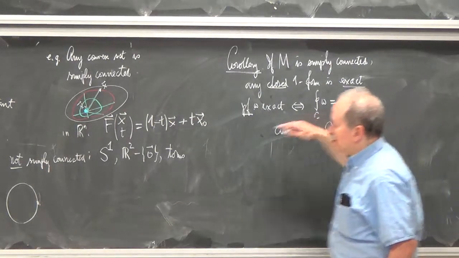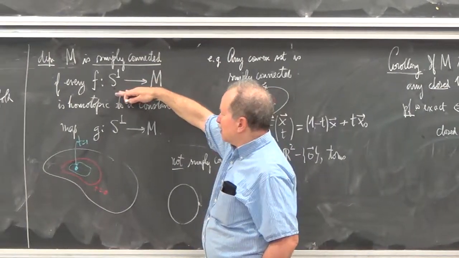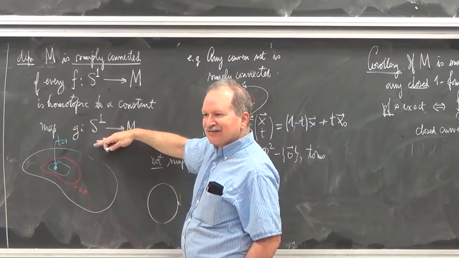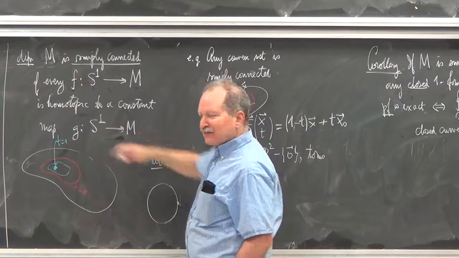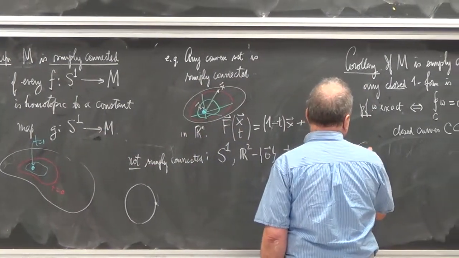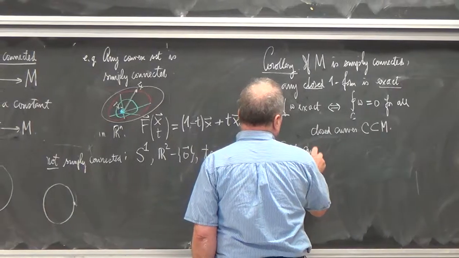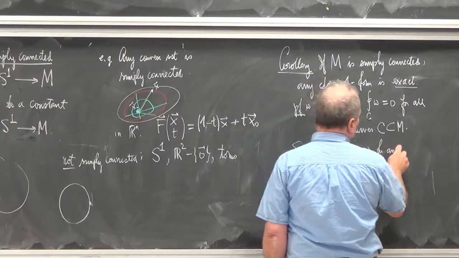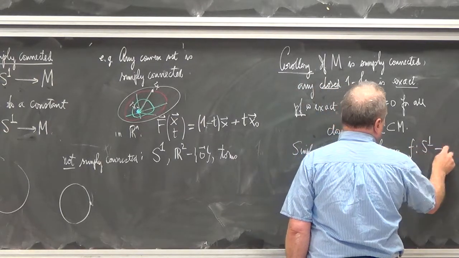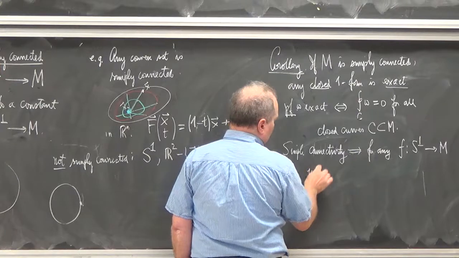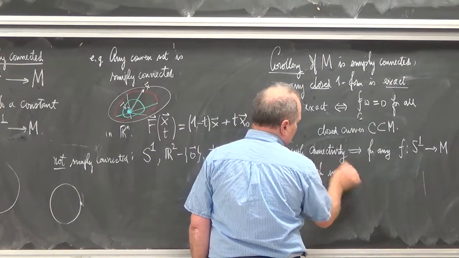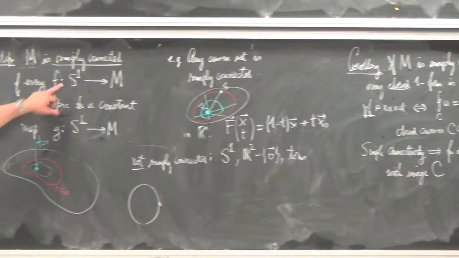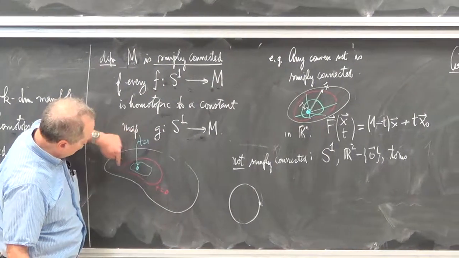Well, but if you're simply connected, any closed curve is homotopic to a constant map. So by simple connectivity, for any map of the circle with image the curve C, so you have a closed curve, you think of it as a mapping from the circle to your space that traces out your curve.